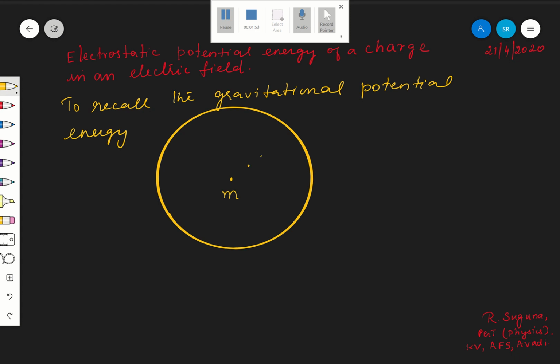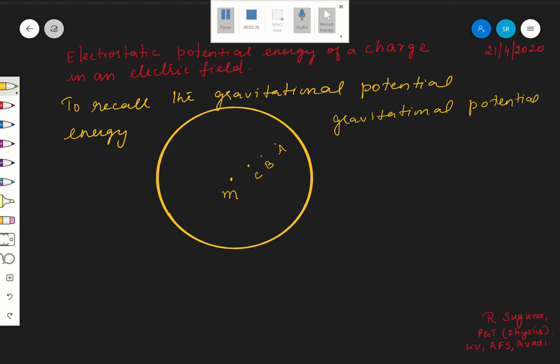Like that, there is one more concept you have to see: gravitational potential. Let me consider different points A, B, C. The gravitational potential at different points will be different, since they are at different distances from the source. Each and every point has its own gravitational potential.